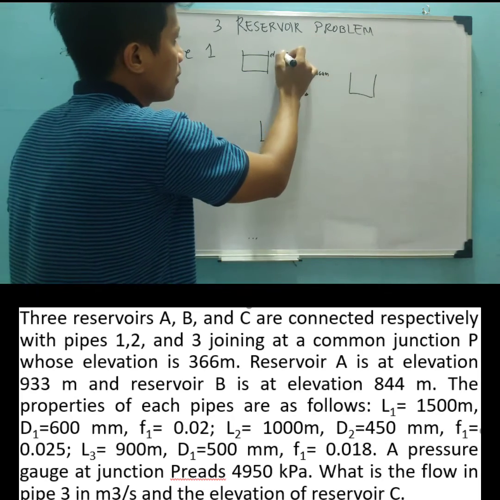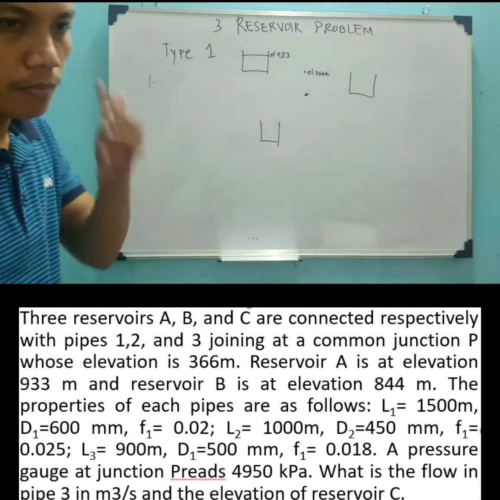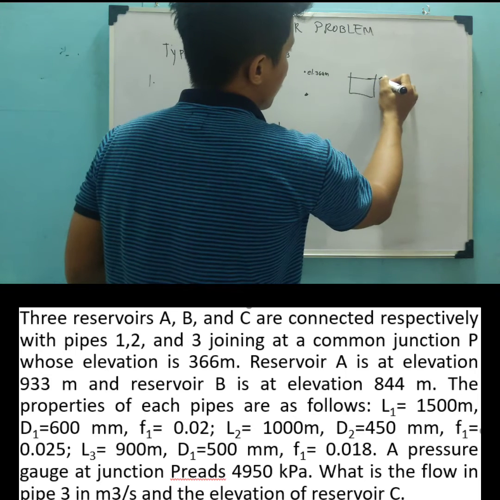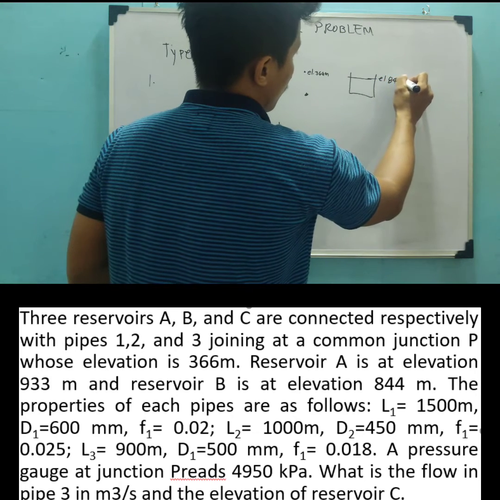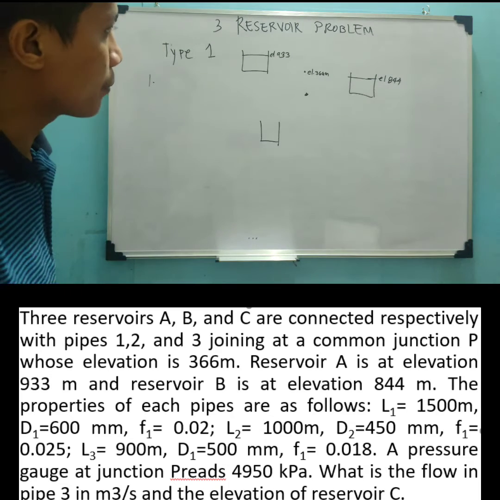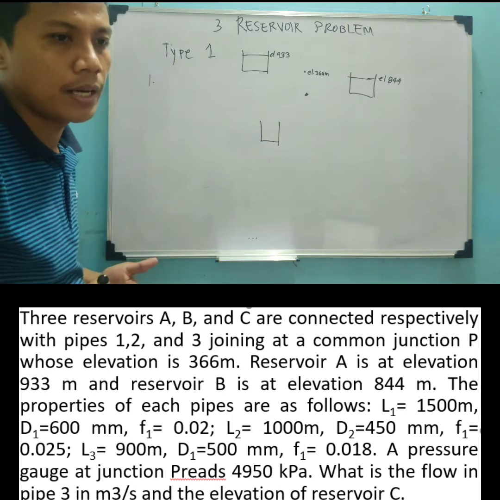And reservoir B has an elevation of 844. The properties of the pipes are given.